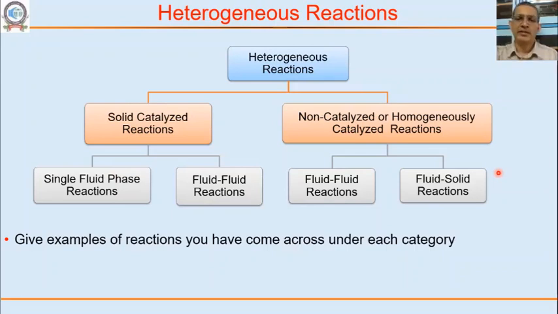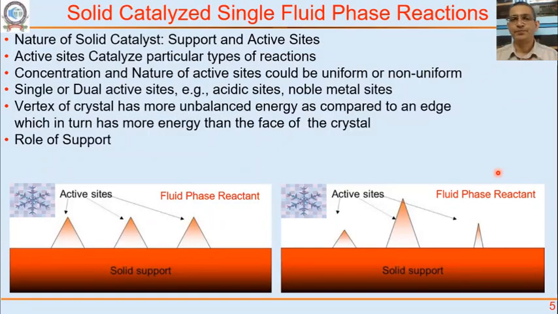Okay, so that's a homework for you, so that you can better appreciate what is going to come and how ubiquitous or how useful this portion is, because these reactions are very common, and in industrial reactors you don't come across non-catalyzed or homogeneously catalyzed reactions that much. You very often come across solid catalyzed reactions. So this is a very important part of our syllabus.